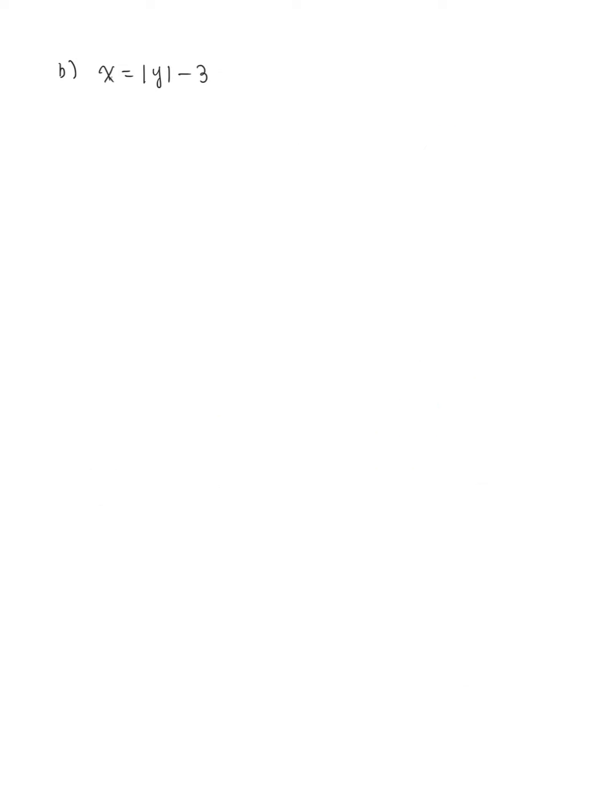Let's do another example. So here we have x equals the absolute value of y minus 3. Now here's the difference. Usually you're given y equals a function of x, right? But here you're given x equals a function of y. So what we need to do is this. If you want to keep it the way it is, we have to pick the y values first, then compute the corresponding x values.